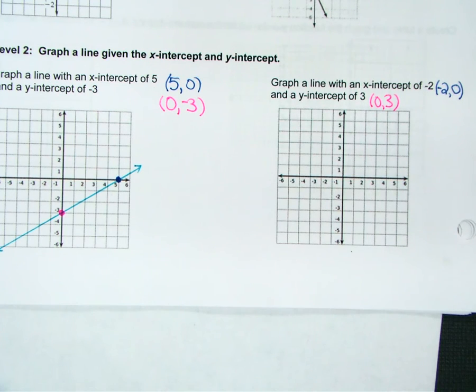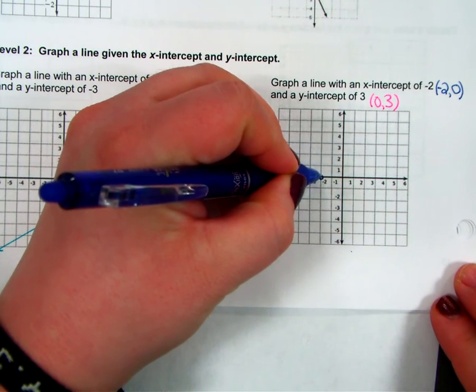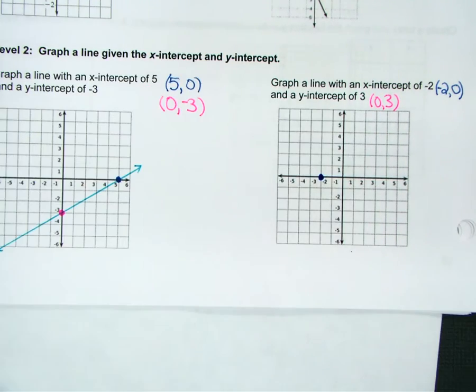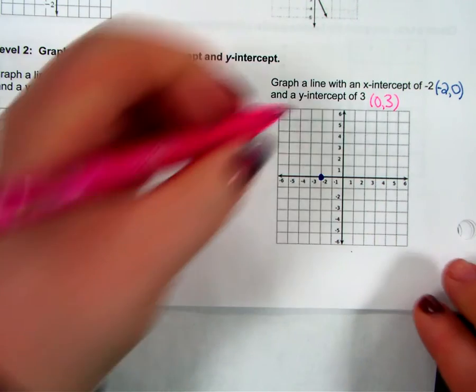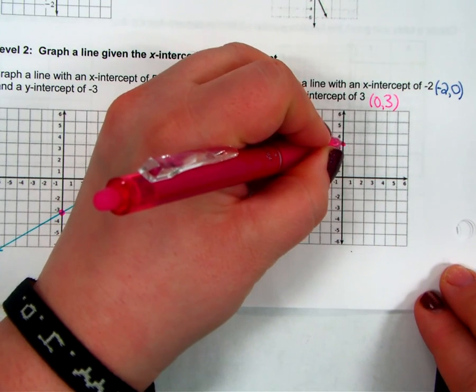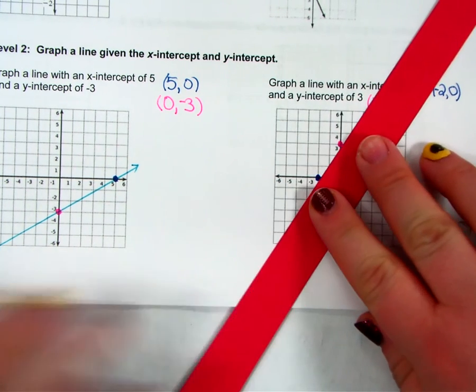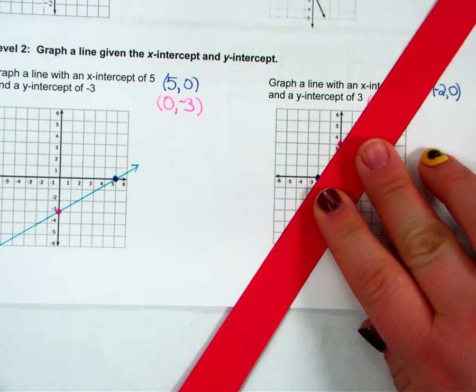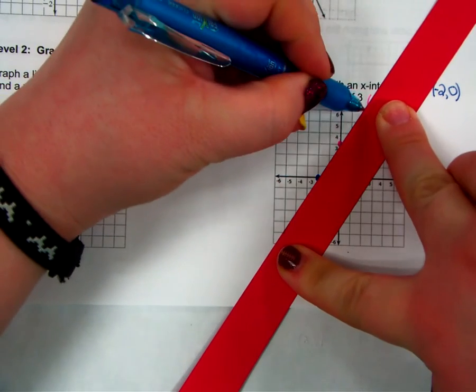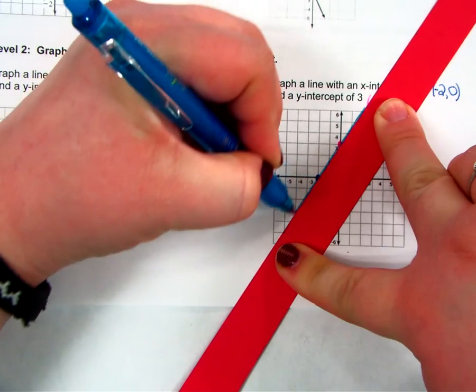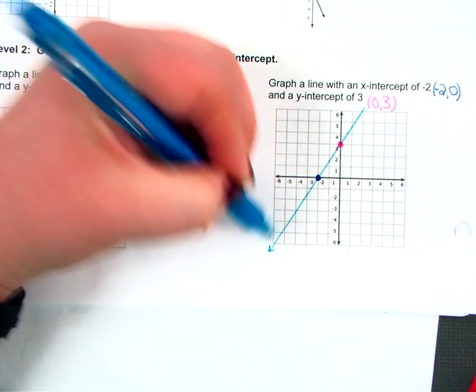So let's plot these 2 points. We have (-2, 0) and (0, 3). And then we're going to connect those dots with our straight edge, all the way across the graph, ending in arrows.